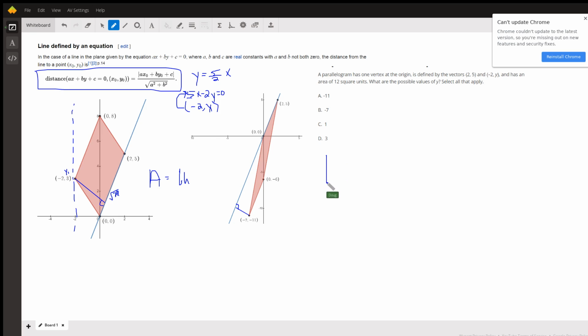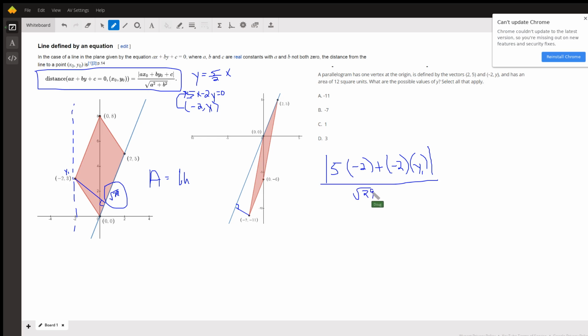We've got the absolute value of a, which is 5, times x sub 0, which is -2, plus b, which is -2, times y sub 0, which is what we don't know. I'm calling it y sub 1. We take the absolute value of that and we put it over the square root of a squared plus b squared, which is really this distance right here, the square root of 29.